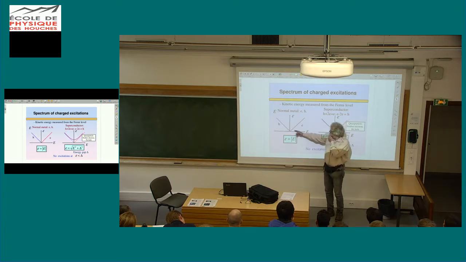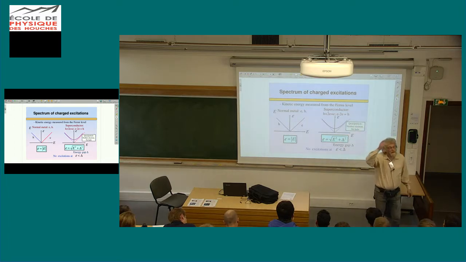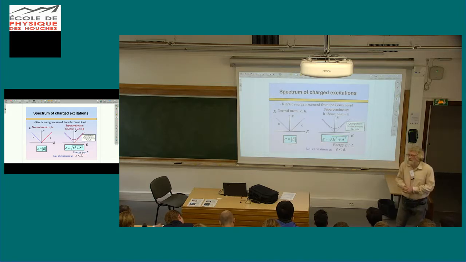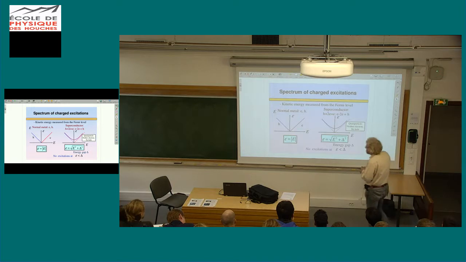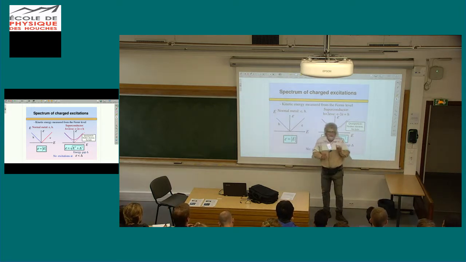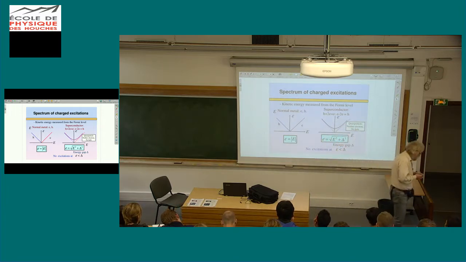And there are electron excitations. They come from the states which have energy above Fermi energy. One can also excite the states which are below Fermi energy. What are these excitations? Holes, precisely. In this case, the state is filled. To excite it, one takes an electron away. There are hole excitations. So we conclude that the spectrum of excitations in normal metal consists of two branches of electrons and holes. Right.